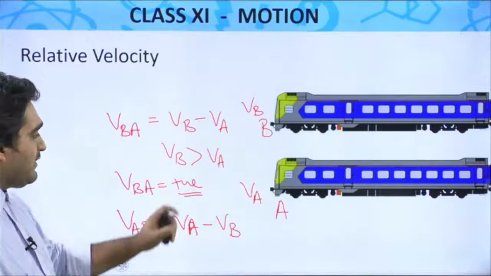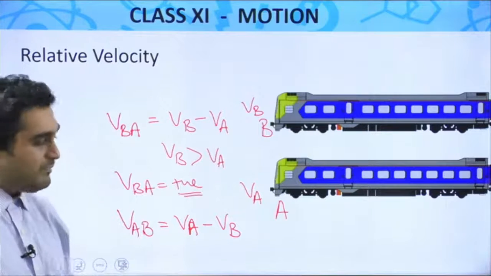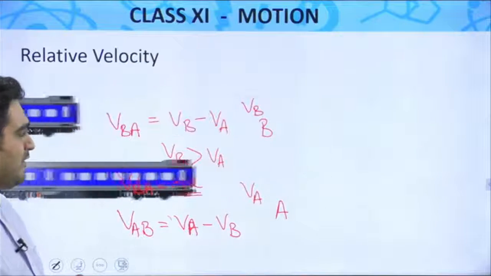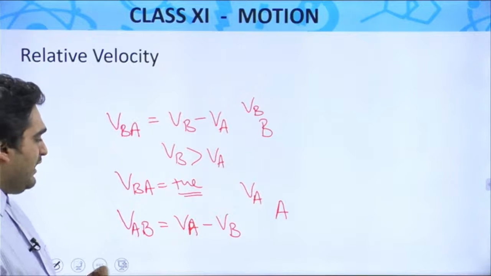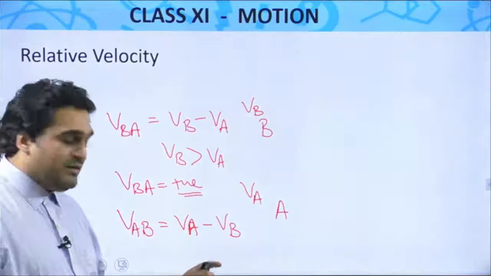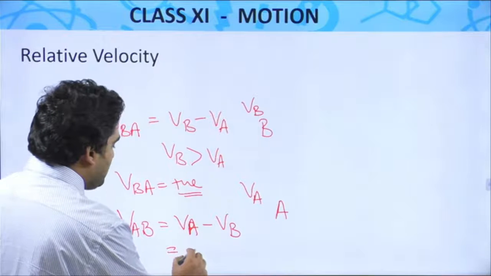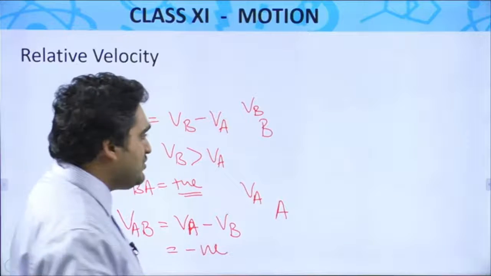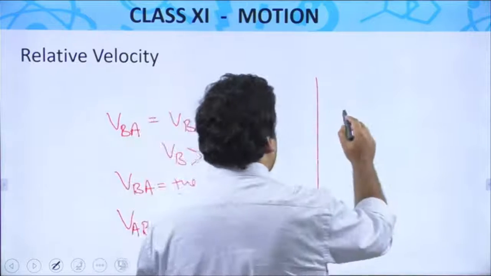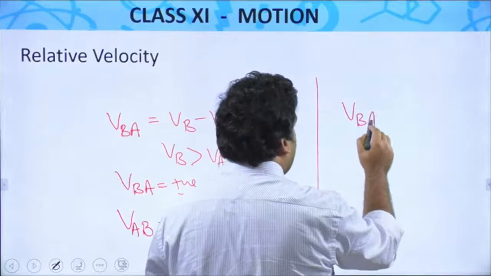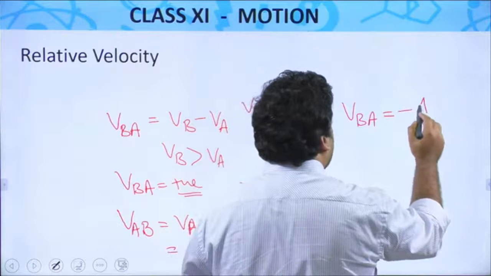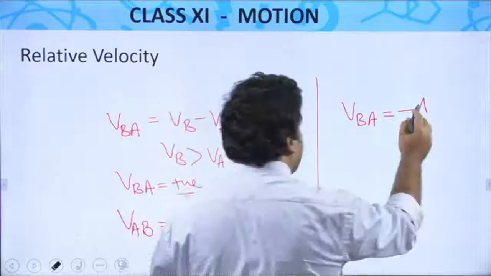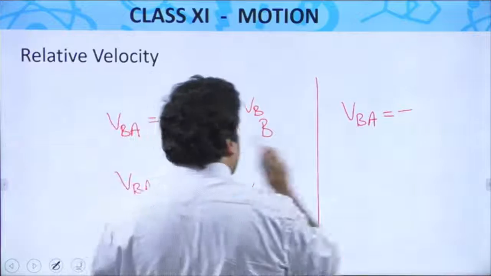But what we know for a fact is that VB is greater than VA. Have a look at it, you see, train B is faster than train A. Therefore, in this particular case, you get the answer which is negative. So as a conclusion, you can say that VBA will be equal to negative VAB.